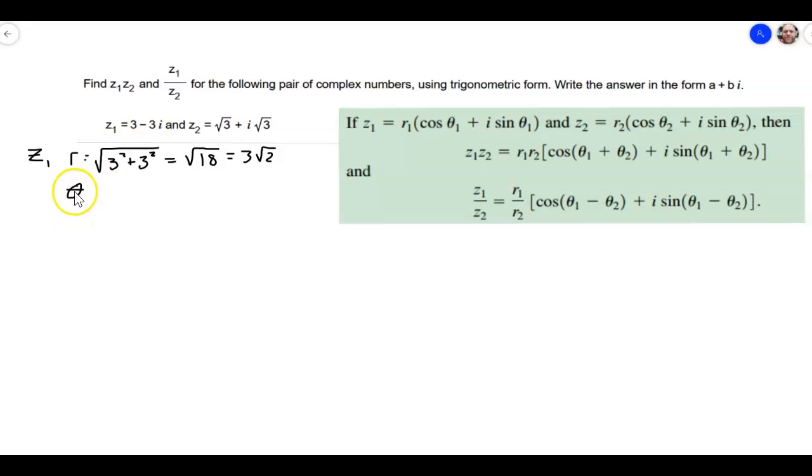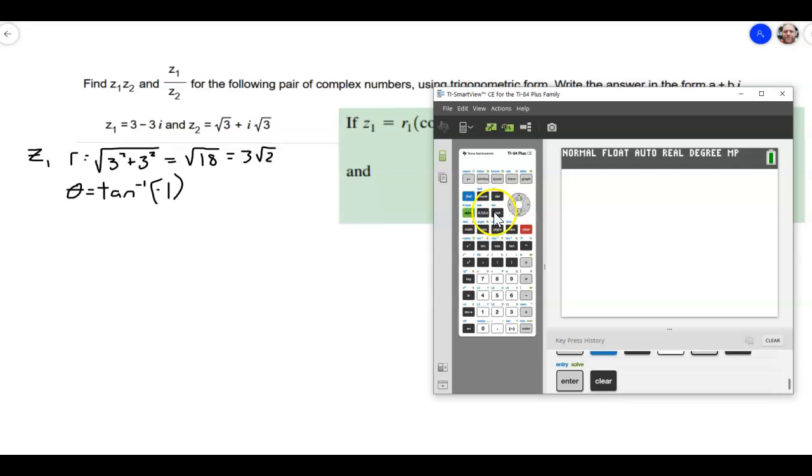This means that our theta is in the fourth quadrant, so I can use the inverse tangent of y over x, so negative 3 over 3, which is just negative 1. And if I go to my calculator, make sure I'm in degrees mode.